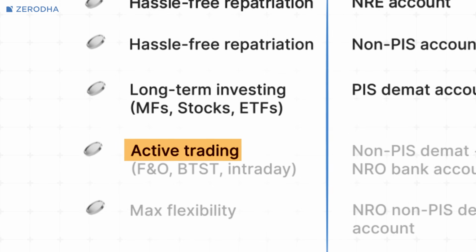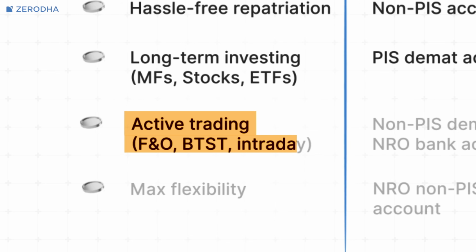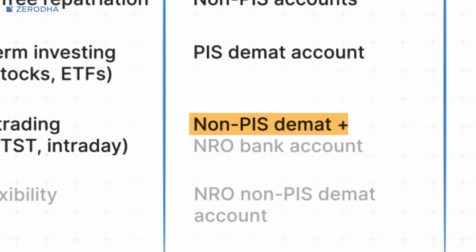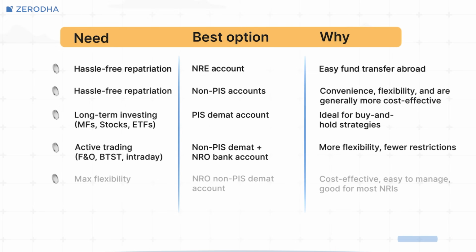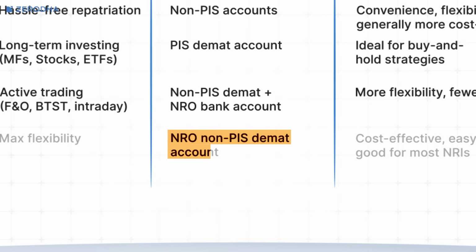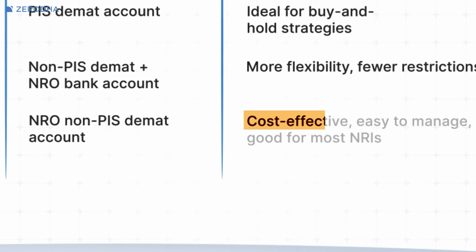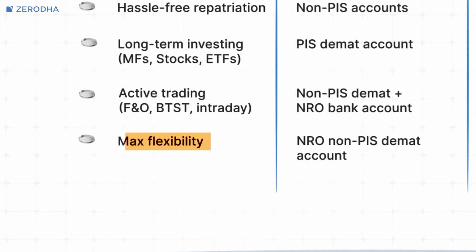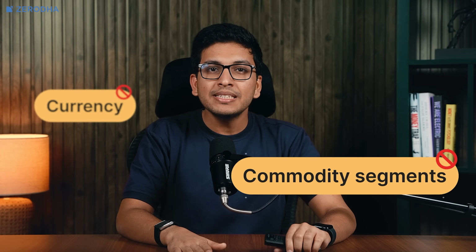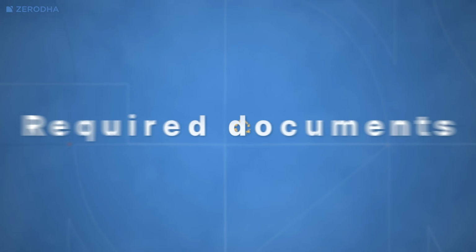For trading flexibility such as FNO or BTST, you must choose a non-PIS demat account with an NRO bank account. So the optimal setup for most NRIs is an NRO non-PIS demat account because it is cost effective, easy to manage and it offers maximum flexibility for investing in India. But that said, repatriation from an NRO account is subject to certain restrictions. As an NRI, regulations do not permit you to trade in the currency or commodity segments regardless of your account type.